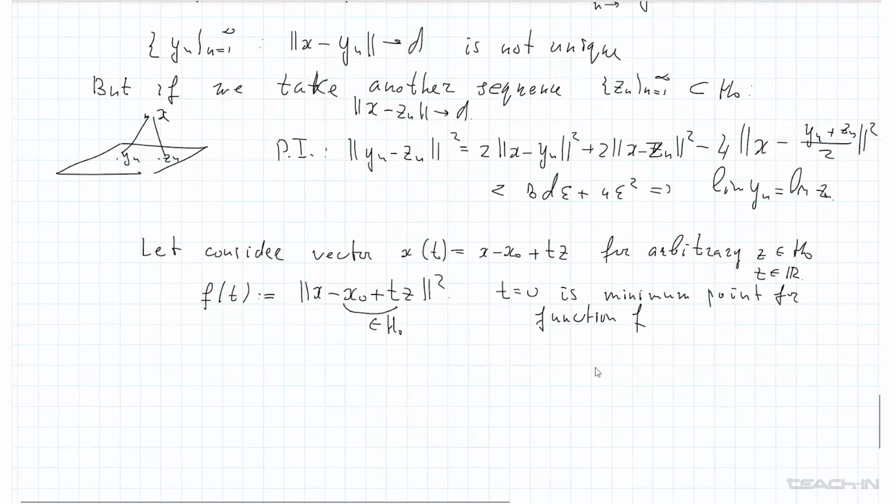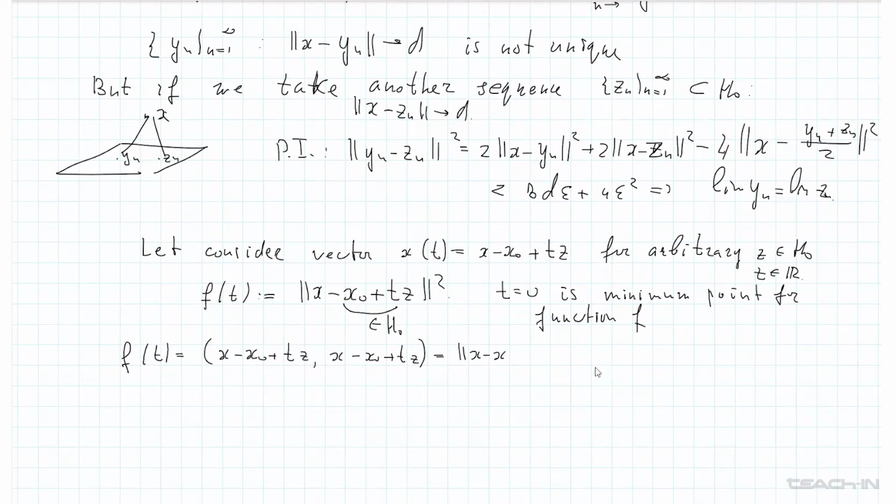So write the formula for f in detail. It is easy to see that it is equal to the norm of x minus x0 squared plus two real parts of the scalar product of x minus x0 with z.